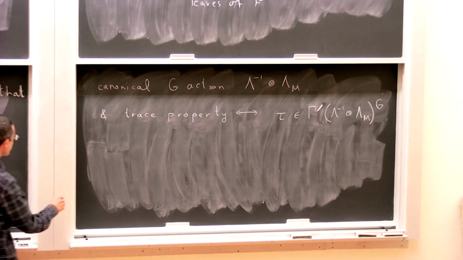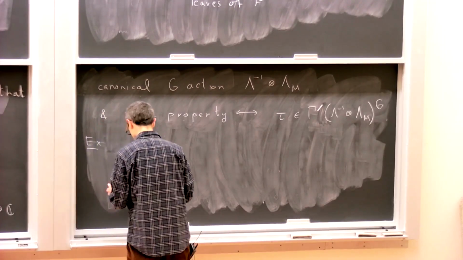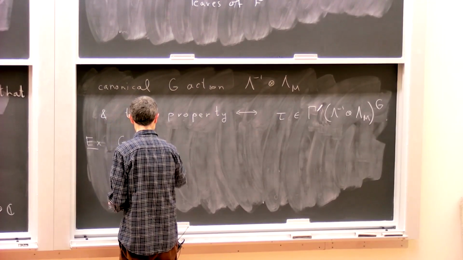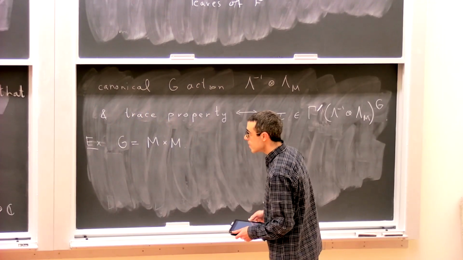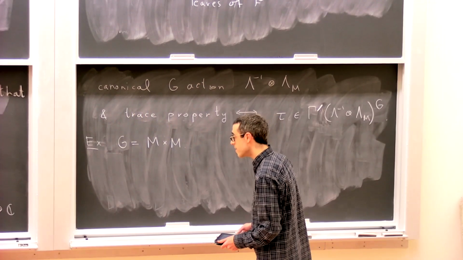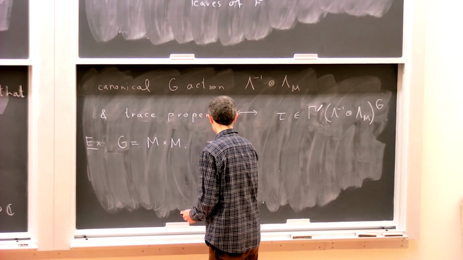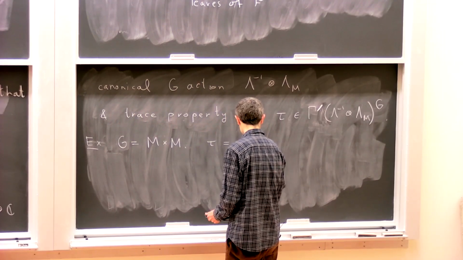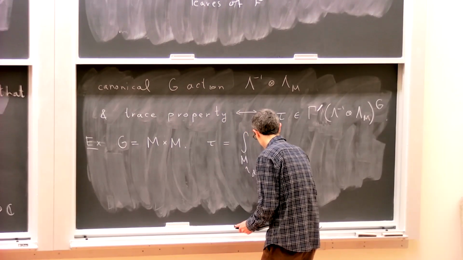Okay, and I should mention an example. I'm low on time. So going back to this example where G is the pair groupoid, M cross M. In this setting, there's only one possible trace up to scale, and that trace is just integration over the diagonal. So this is the diagonal.